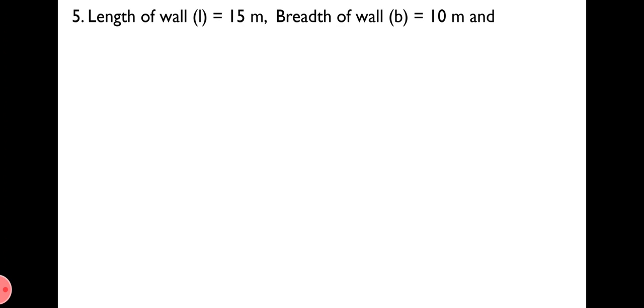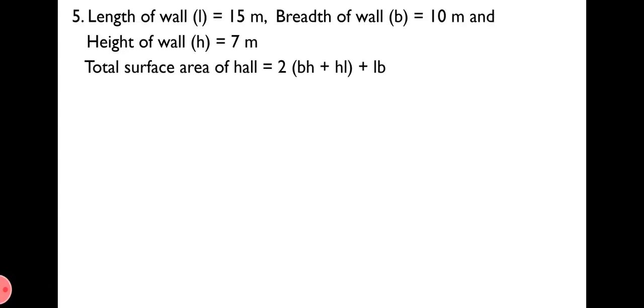Length of wall L is given as 15 meter, breadth B is given as 10 meter and height H is given as 7 meter. Now as it is mentioned in the question that she is painting the ceiling and the 4 walls, again we will write total surface area of hall equal to twice BH plus HL plus LB.